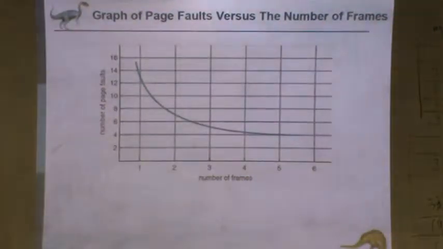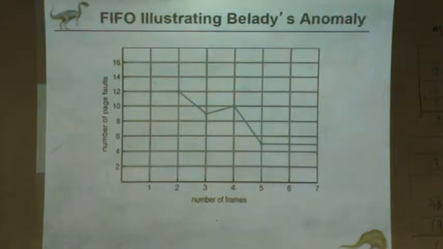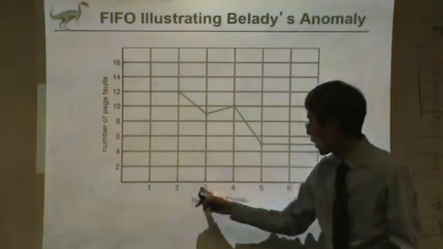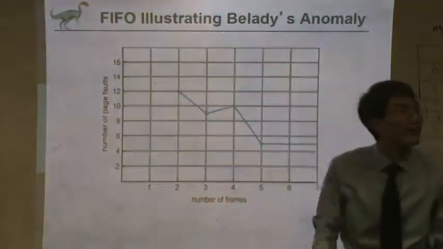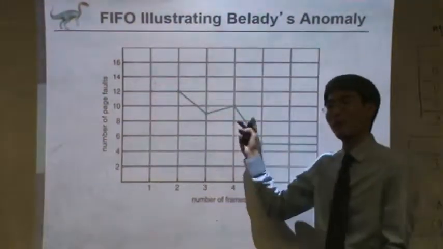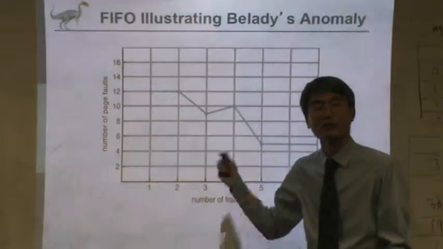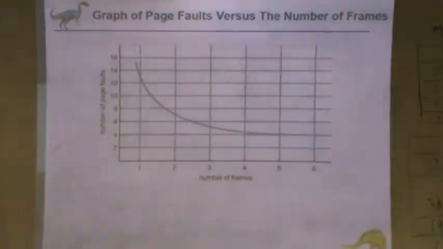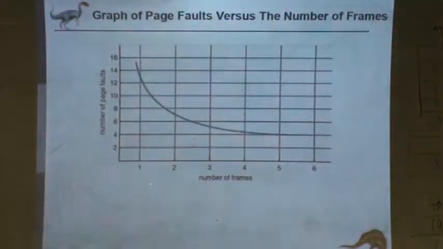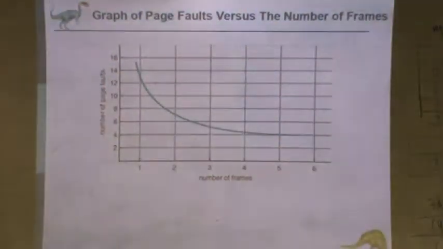We will see such an example later, called Belady's anomaly. With more frames, sometimes there are more page faults. Sometimes it happens, so we will see later. But this is what we expect for the performance along different numbers of page frames.